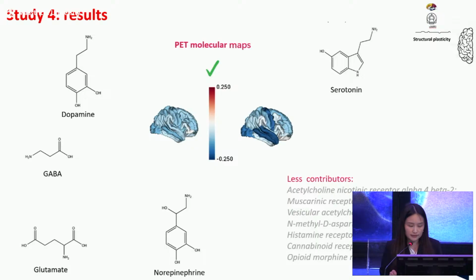And additionally, we still found some risk contributors, such as histamine and opioid receptors. Those results may help us to develop novel therapy in the future for psychosis risk participants, but we need further study in the future.